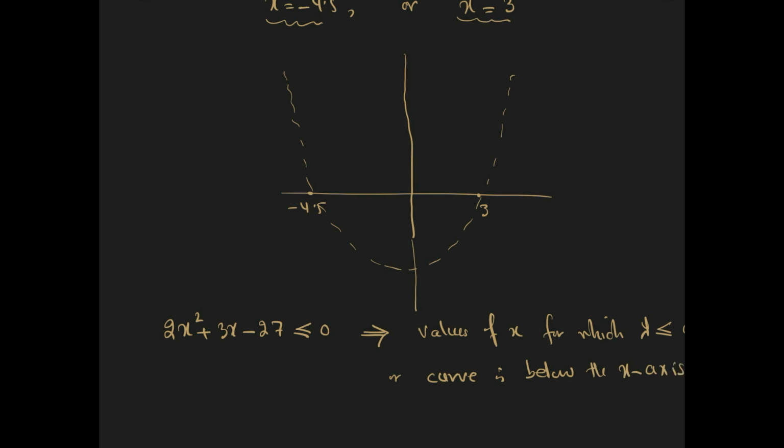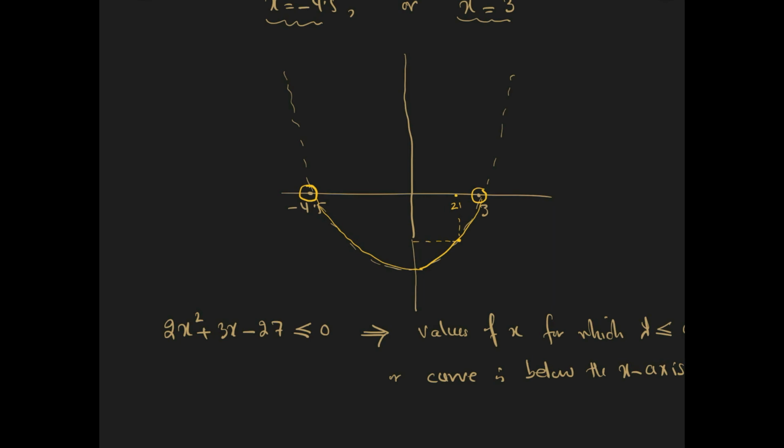Okay, so let us analyze the points here. This is -4.5 and here we have +3. If we take a point here, say x equal to 2, and see what we get for the y coordinate, clearly y is negative and the curve is below the x-axis for x equal to 2.